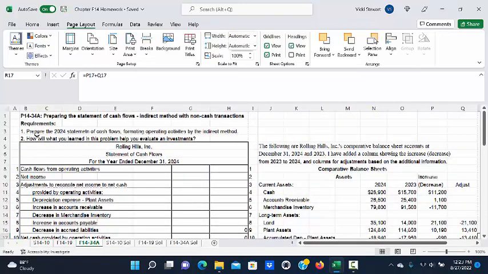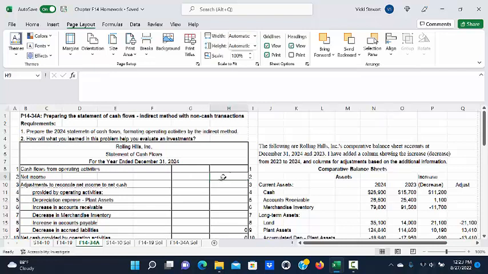The problem states to prepare the 2024 statement of cash flows, formatting operating activities by the indirect method, and then how will what you learned in this problem help you to evaluate an investment?